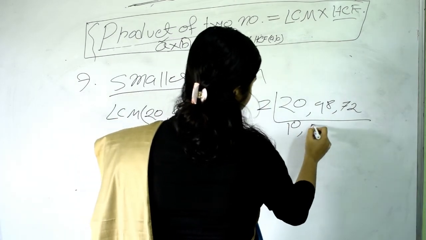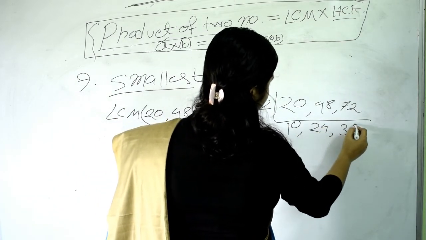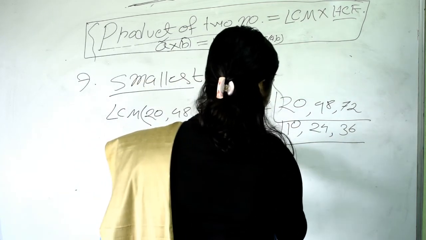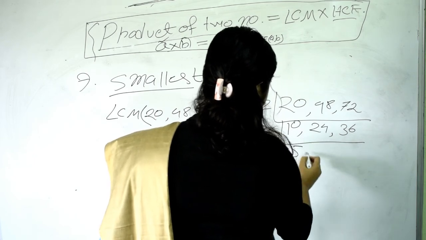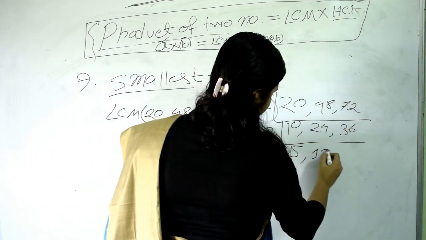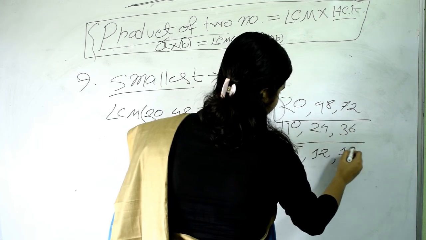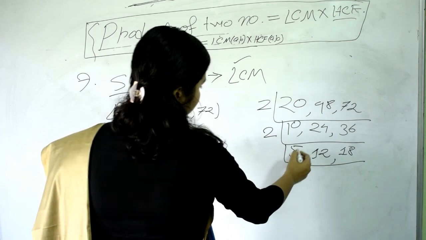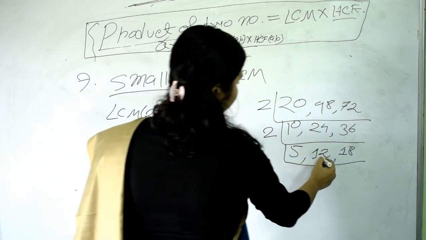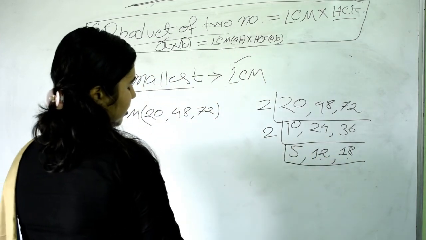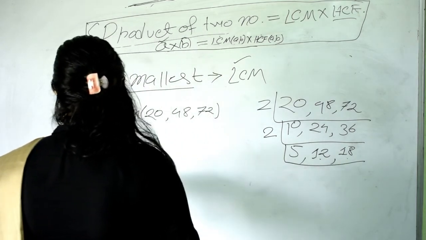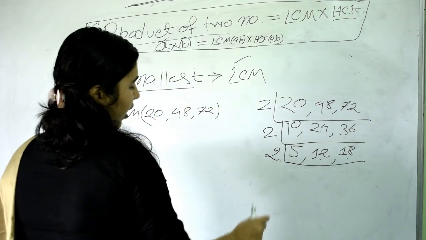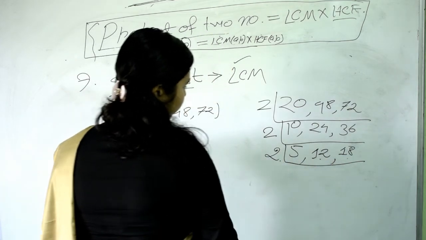Here 5 is a prime number, but 12 and 18 both are composite numbers and also even numbers. So that's why again we have to take the common factor of 12 and 18.